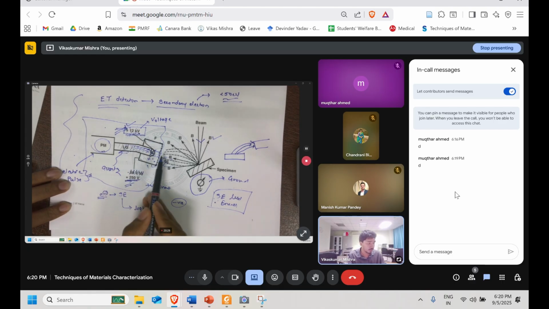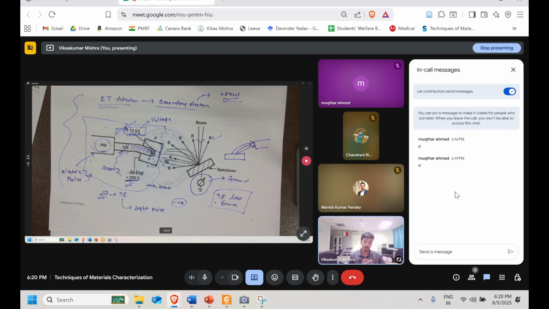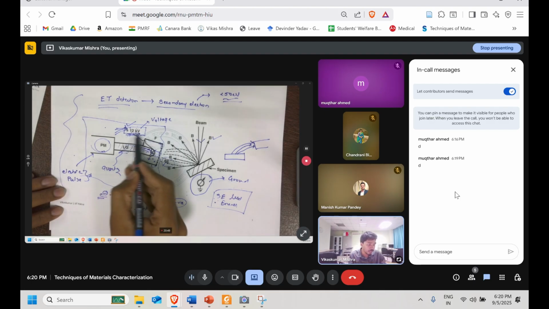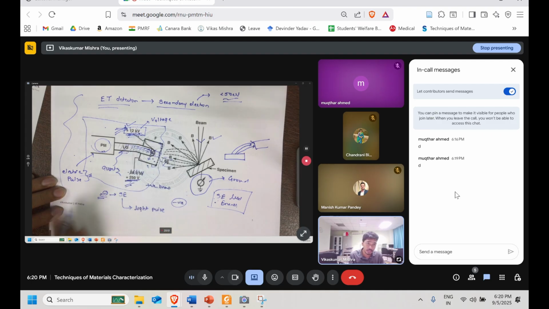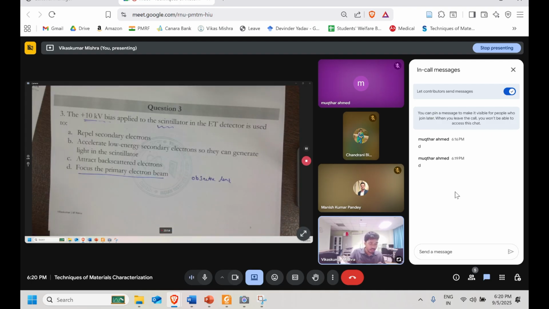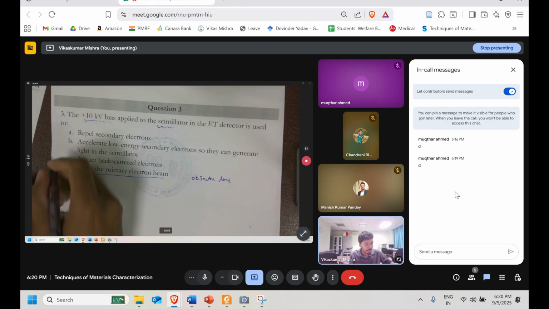Why are we doing that? The electron is captured, now the electron has got in the cage. Still they don't have a sufficient amount of energy to excite the electrons of the fluorescence material. So to provide that sufficient energy, we need this much acceleration, 12 kV. So here the right answer will be answer B.